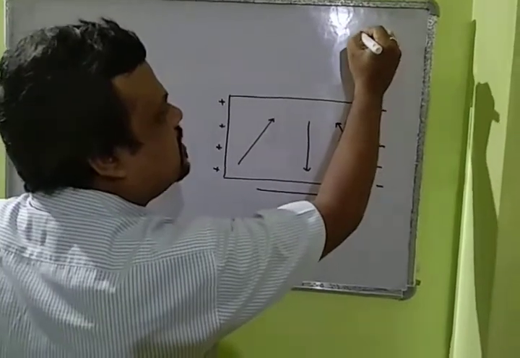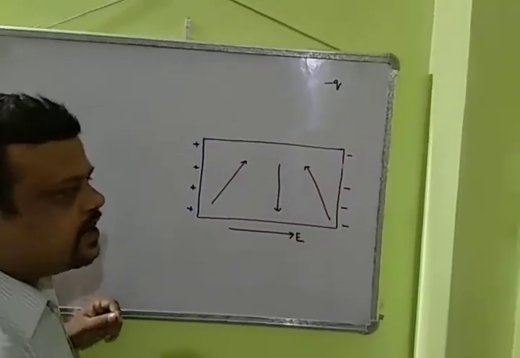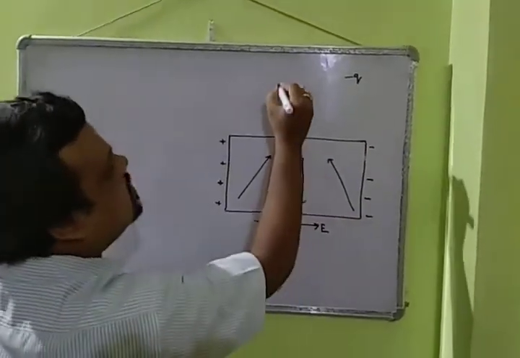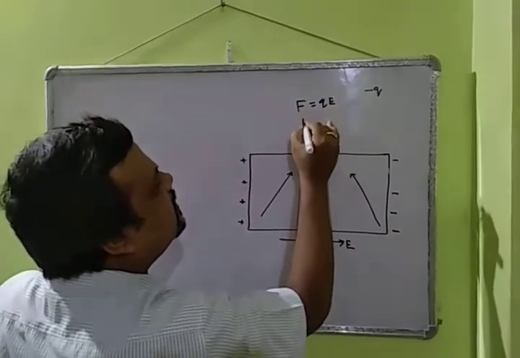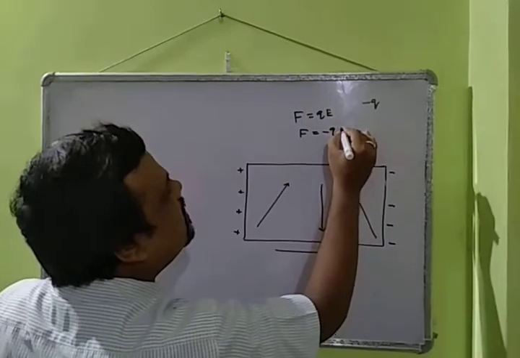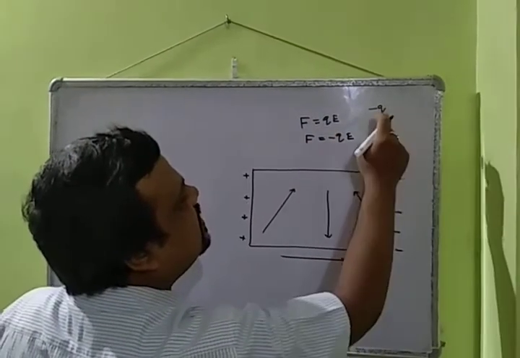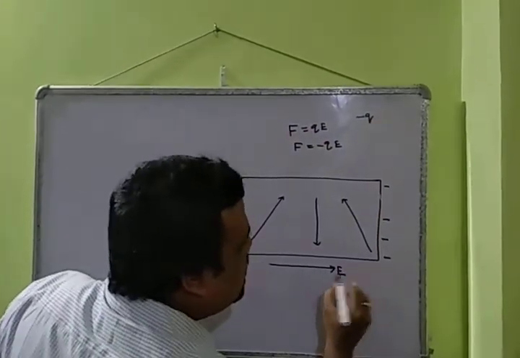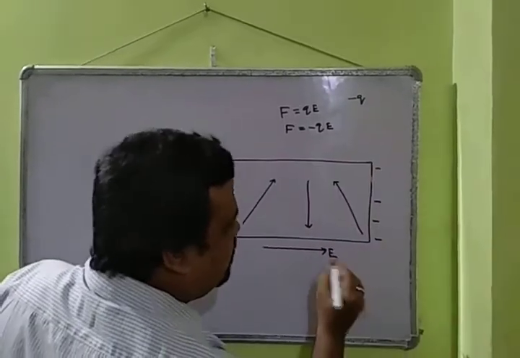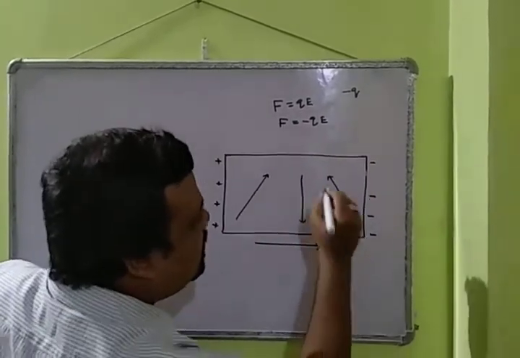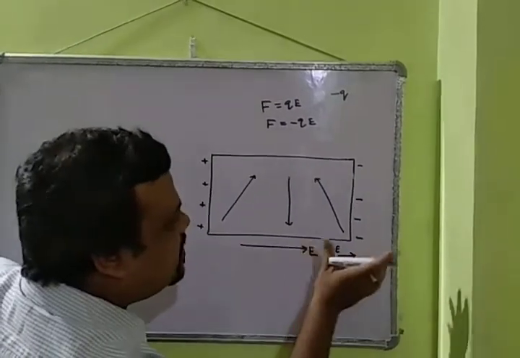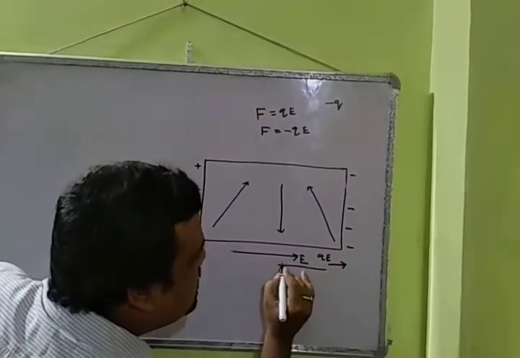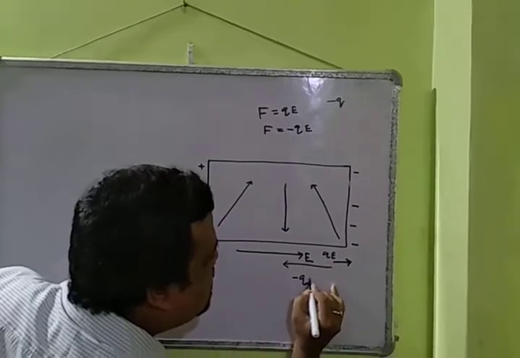The charge of an electron is negative, so F is equal to qE, but for an electron F is equal to minus qE as the electron is negatively charged. The force is plus qE in the direction of the field, so minus qE is along the opposite direction.